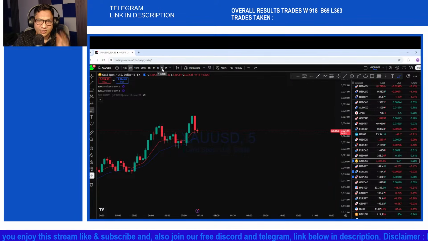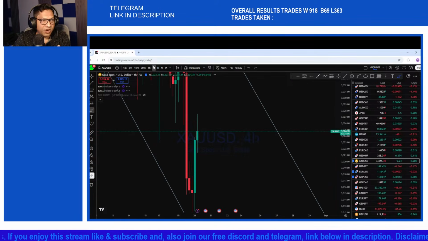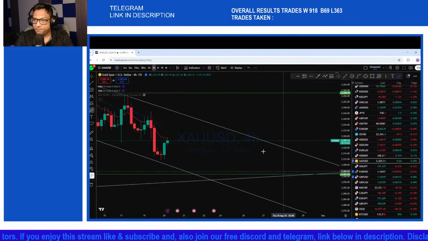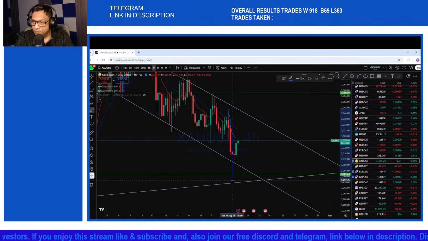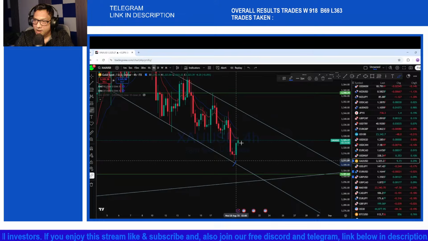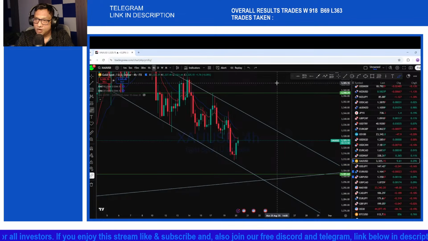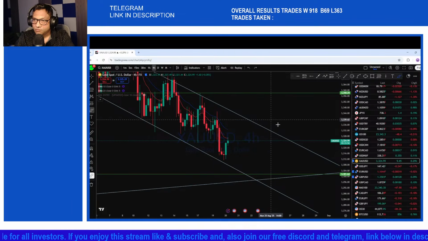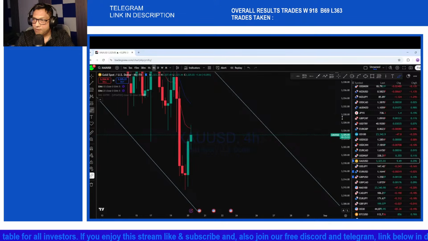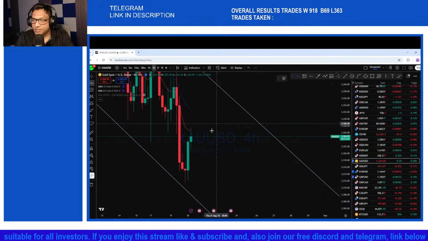So let's keep an eye on the intraday, that means the 4-hour time frame here. Though we see there is a breakdown, now it's on a pullback on the 4-hour time frame, and we see that a couple of session lows and highs have been created.